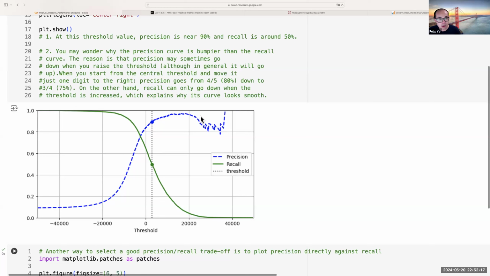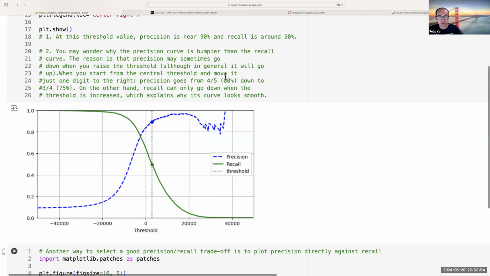You may want to see why the precision curve is quite bumpy compared to the recall curve. The reason is that precision can sometimes go down when you raise the threshold, although in general it is increasing. If we choose a very high threshold, think about it: previously we have 4 out of 5, which is 80%.